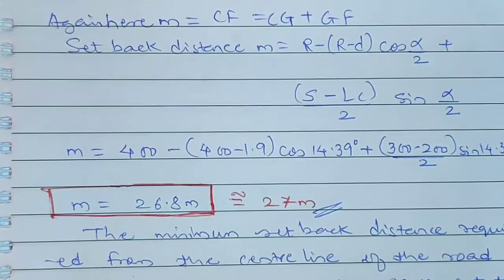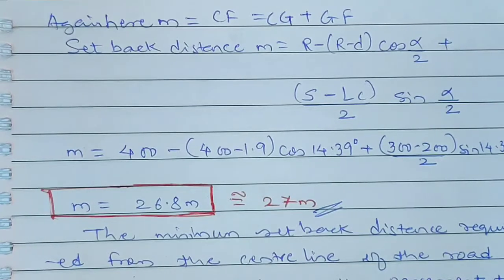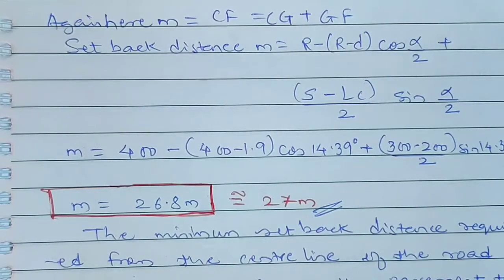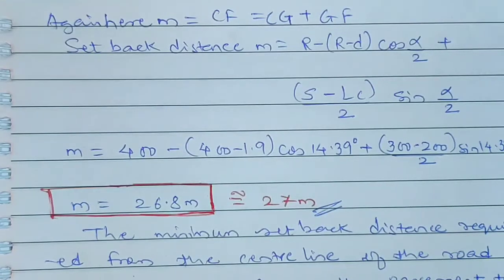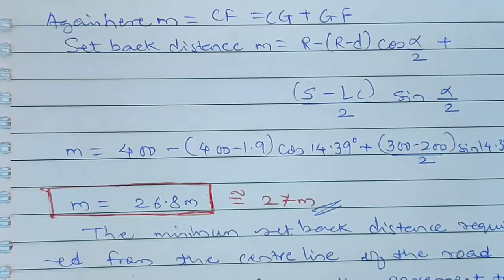Here the setback distance m will equal CF plus CG plus GF. That is, the setback distance can be calculated using the formula (R minus D) cos alpha by 2 plus (S minus Lc) upon 2 into sin alpha by 2. This is the formula to calculate the setback distance when the overtaking sight distance is greater than the length of the curve.